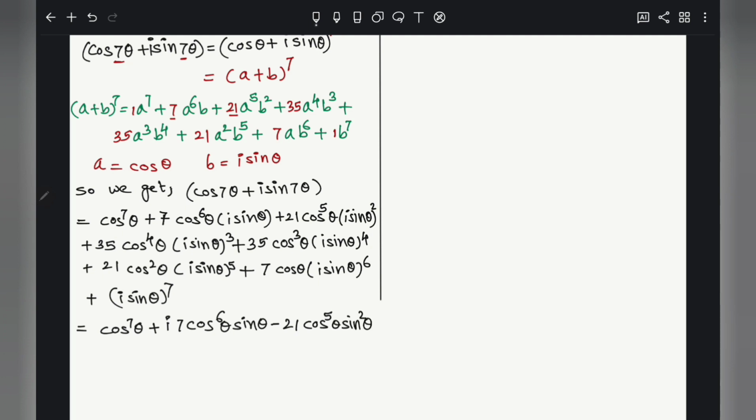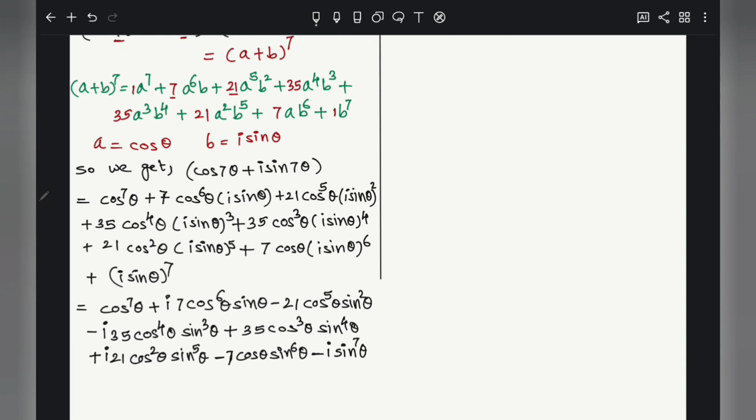See, like this you have to continue. i cubed, you can write it as minus i, so I will get here minus i 35 cos^4 theta sin^3 theta. So very easily we just need to complete it. i raised to 4 is 1 only, so it will be 35 cos^3 theta sin^4 theta.